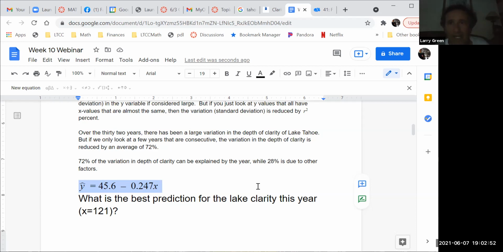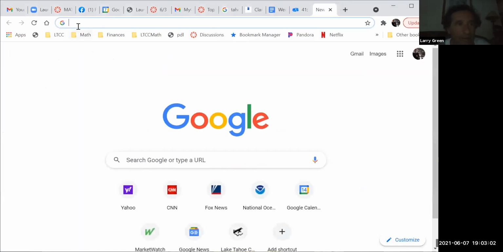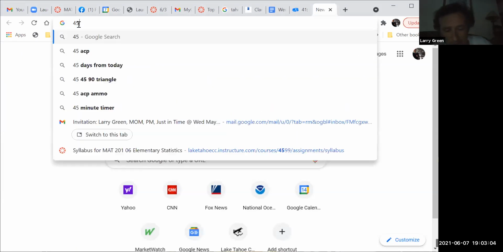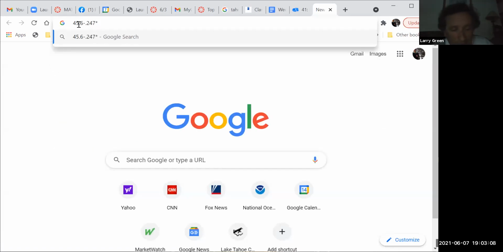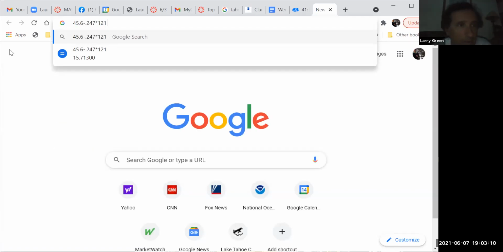Okay. And I could do that with basic Google calculator. So I can just say 45.6 minus 0.247 times 121. And we get about 15.7.